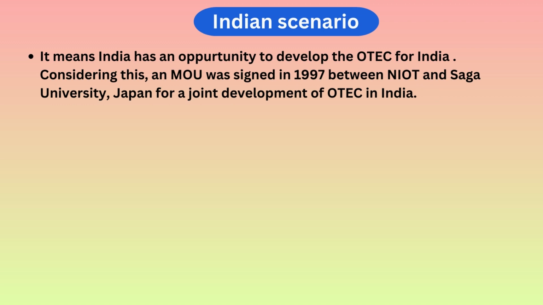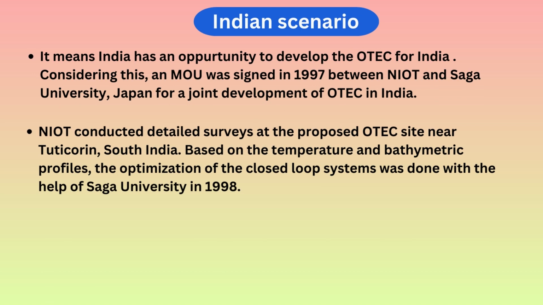Considering this, India signed an MOU in 1997 between NIOT and Saga University, Japan, for joint development of ocean thermal energy conversion in India. Then NIOT conducted a detailed survey at the proposed ocean thermal energy conversion site near Tuticorin, South India.